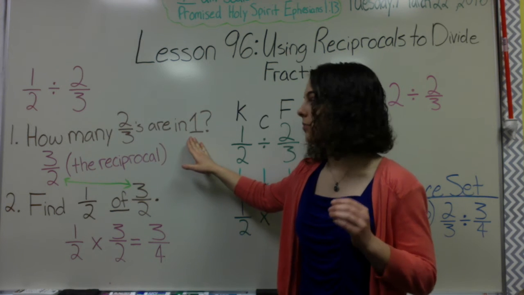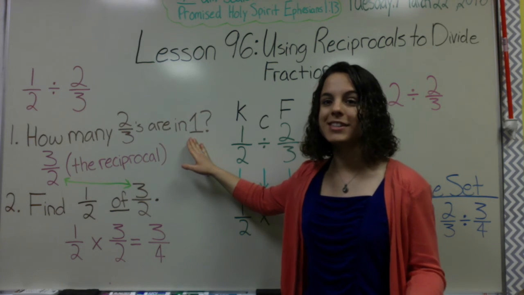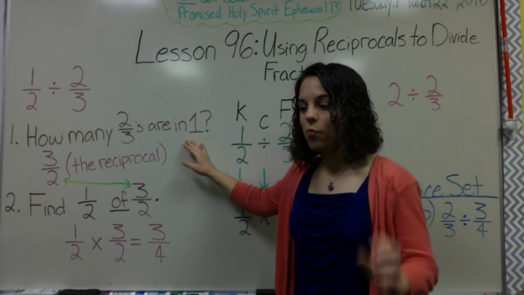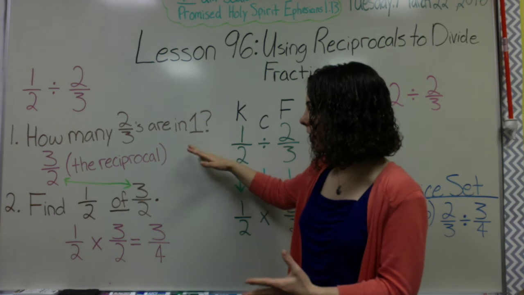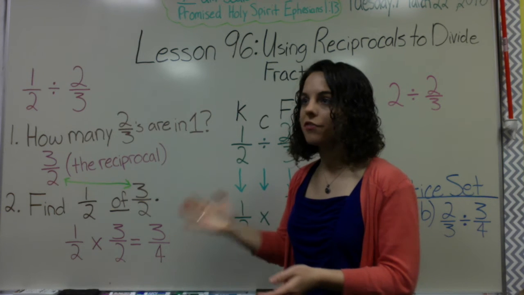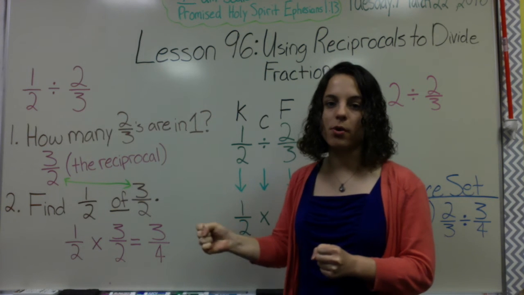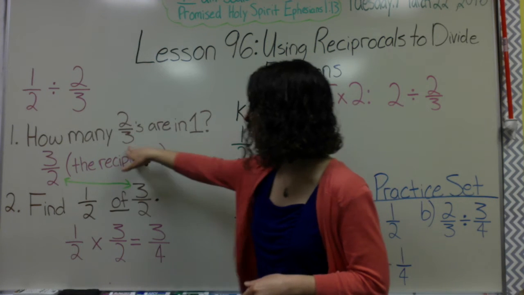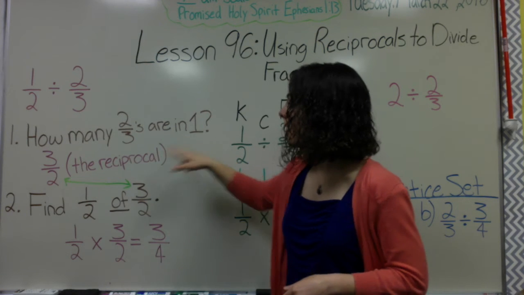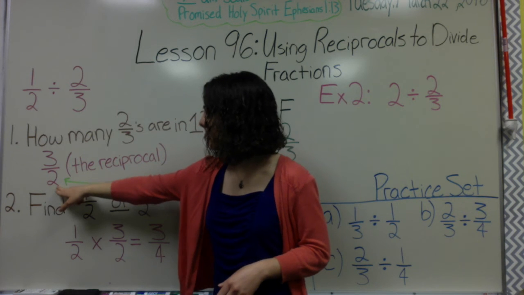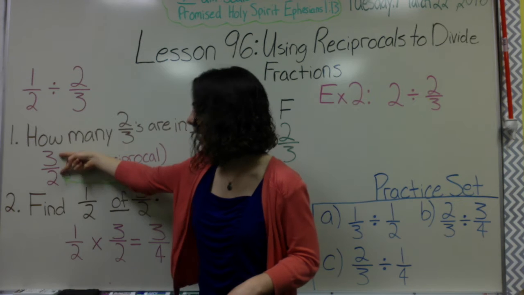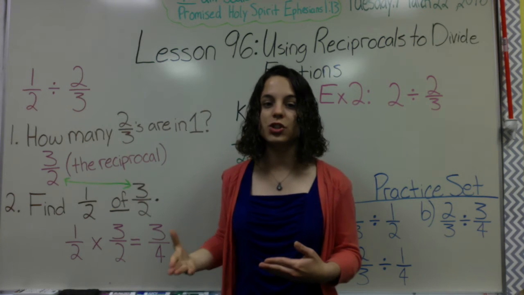Just like when we learned about reciprocals, if I'm multiplying a number times its reciprocal, I'm going to get 1. Same thing if I'm going to divide, trying to figure out how many 2/3 are in 1 whole, my answer is simply going to be the reciprocal. So how many 2/3 are in 1 whole? I simply flip it and I have 3 over 2. That's all there is to it.